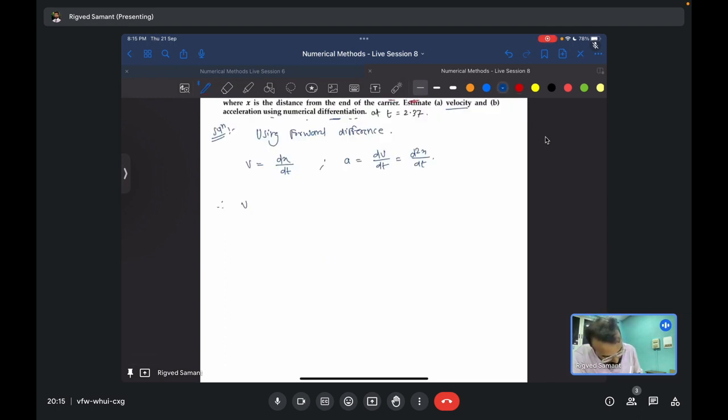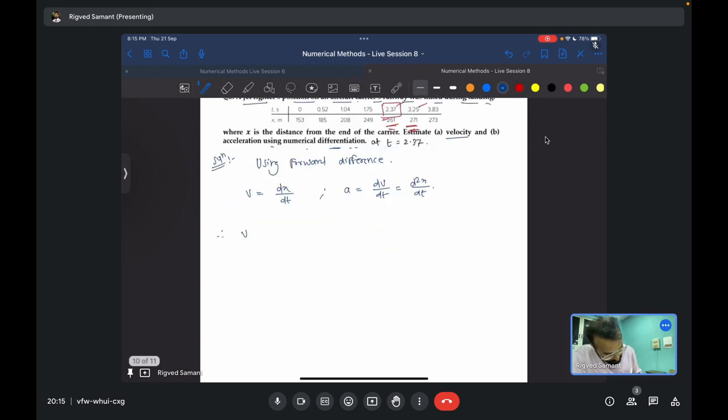So velocity at 2.37, using forward difference, is dx by dt, right? So dx by dt is x of t plus 1 minus x of t divided by delta t. What is t? t is 2.37. What is delta t? Delta t is 3.25 minus 2.37.